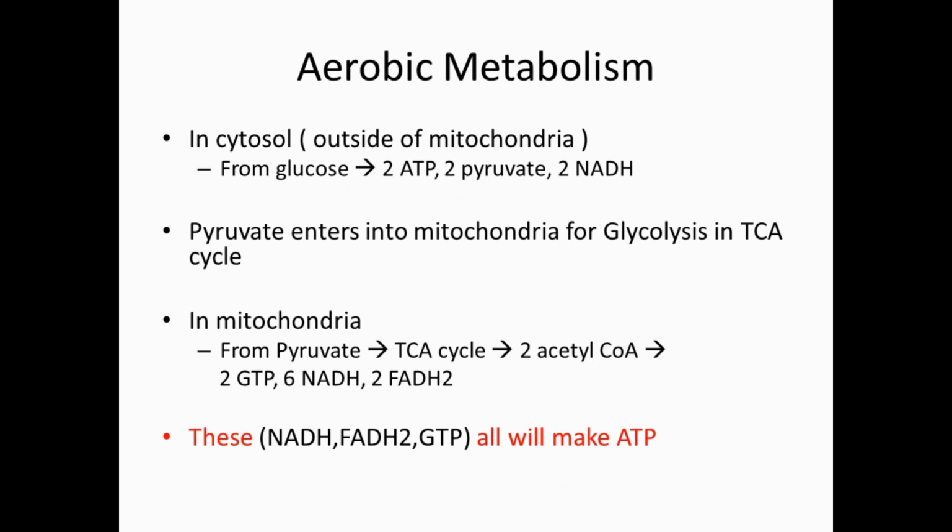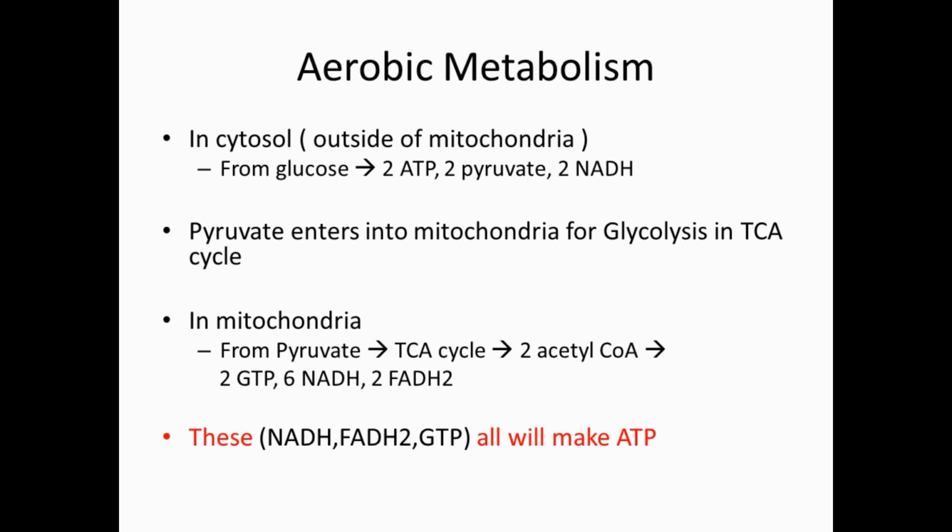But first, we will see what aerobic metabolism is. Aerobic metabolism means metabolism in the presence of oxygen. In aerobic metabolism, glucose will go into glycolysis, and that glycolysis occurs first in the cytosol and then in the mitochondria.